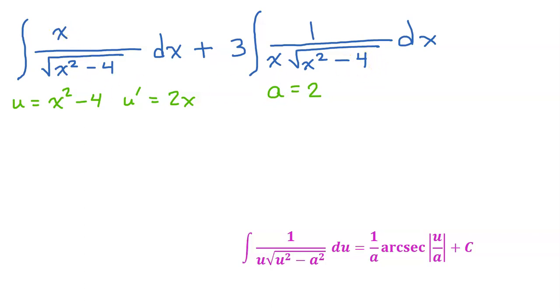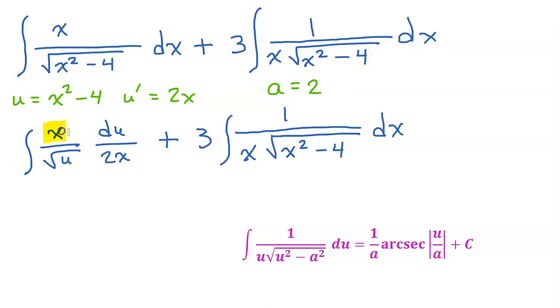So let's go ahead and do the substitution. So we will have the integral of x over the square root of u. Instead of dx, we will write du divided by u prime, which is 2x. I'm just going to leave this the way it is for now.